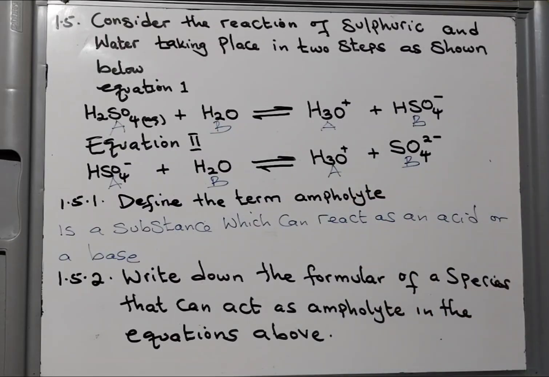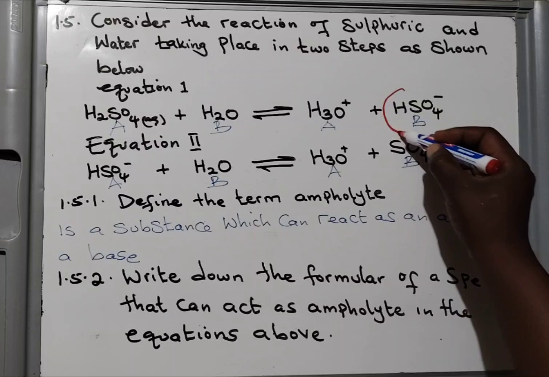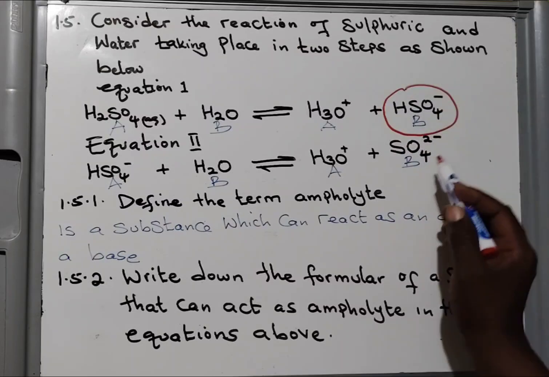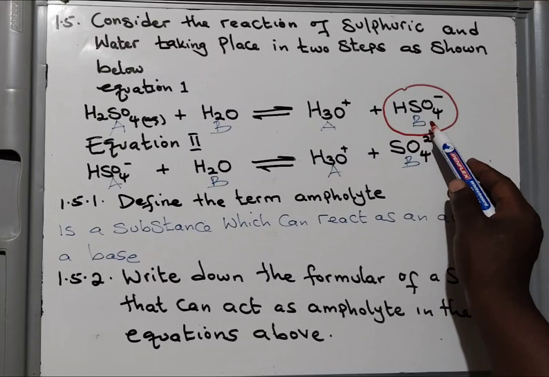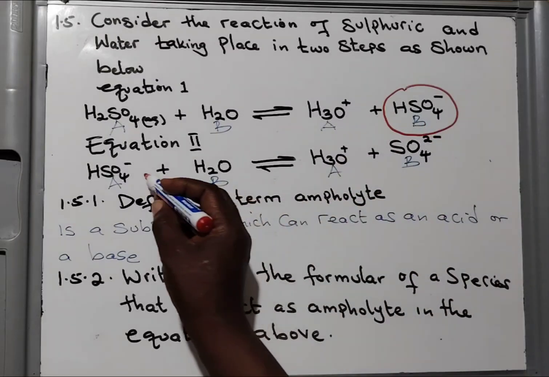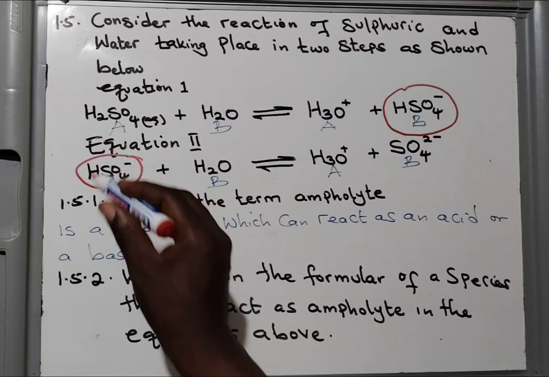So when you examine that closely, this is what you realize, that this hydrogen sulfate or bisulfate, in this reaction, it was a base. And when we came to equation number 2, it became an acid.